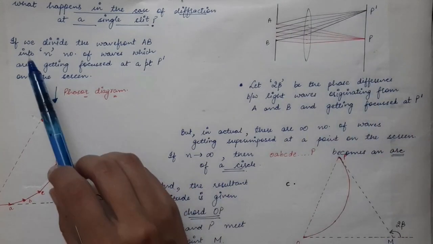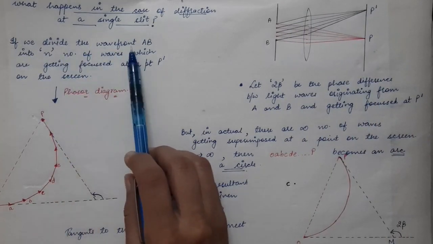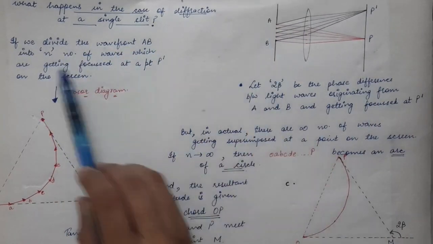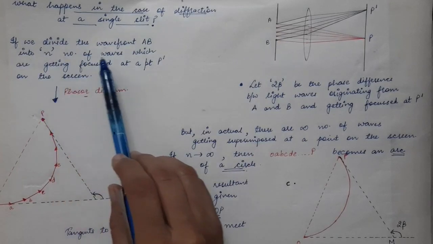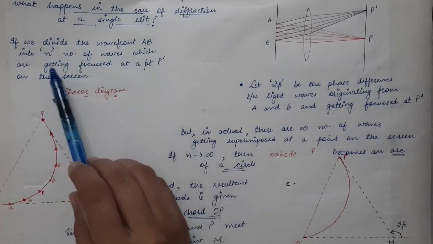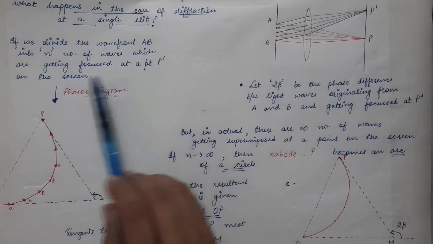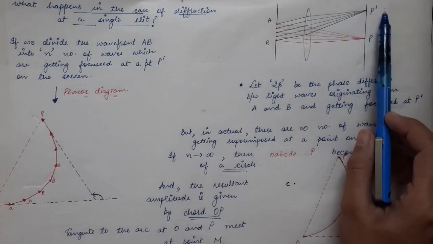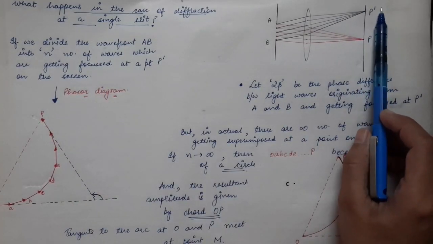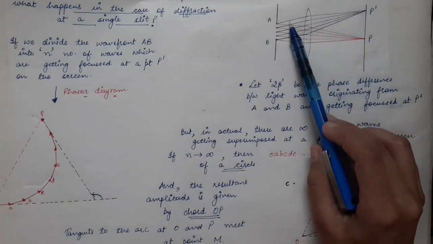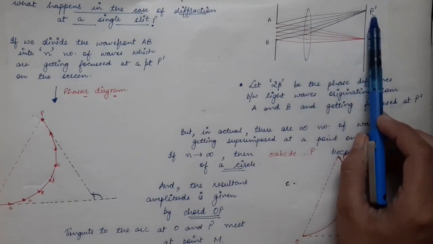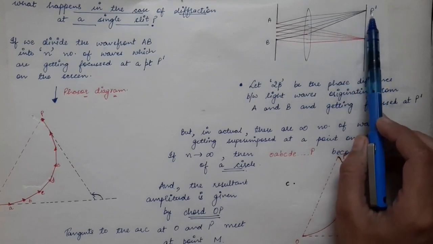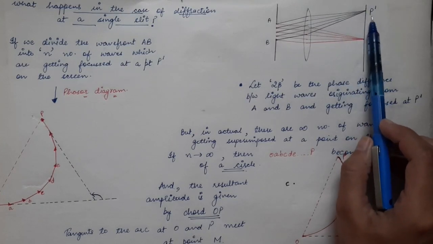The wavefront AB is divided into n such waves, which are getting focused at point P prime on the screen. This will help us in finding the intensity at P prime point.